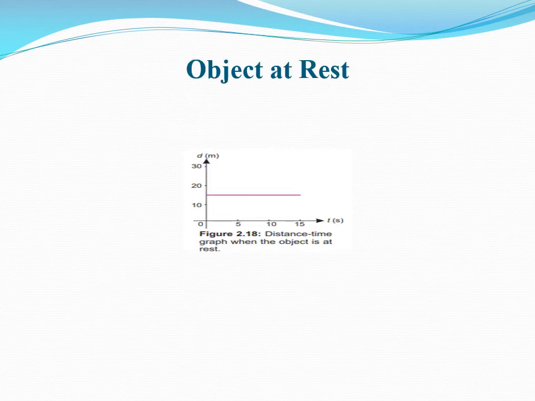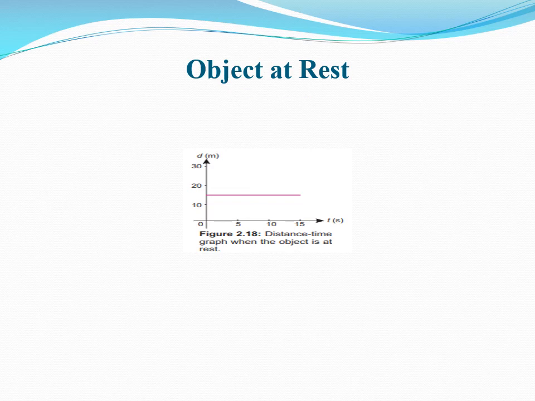The first case in distance time graph is object at rest. In the graph shown in figure 2.18, the distance moved by the object with time is 0. That is, the object is at rest. Thus, a horizontal line parallel to time axis on a distance time graph shows that speed of the object is 0.